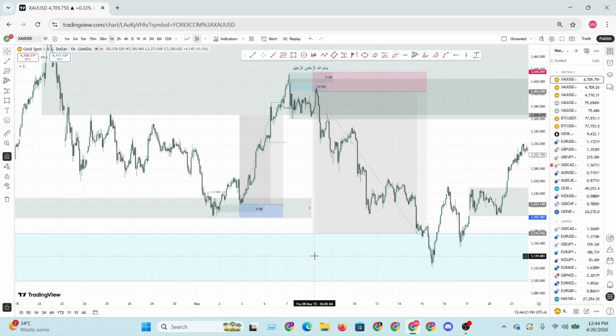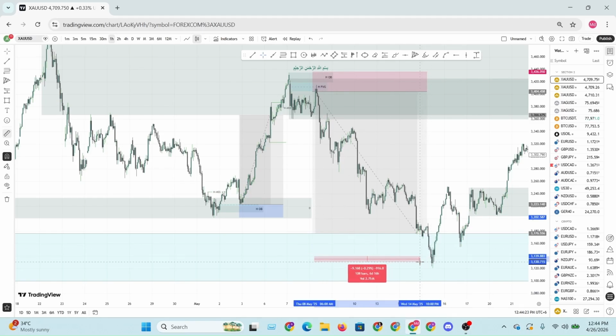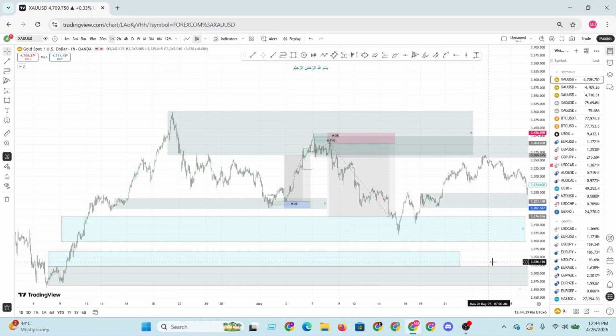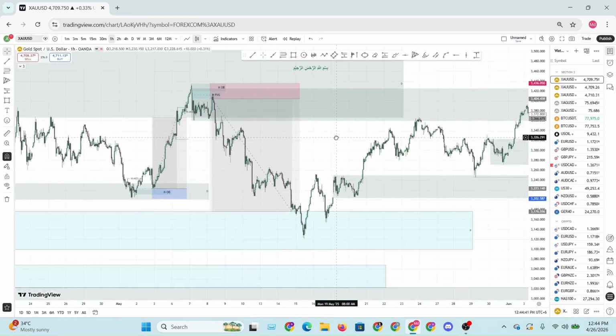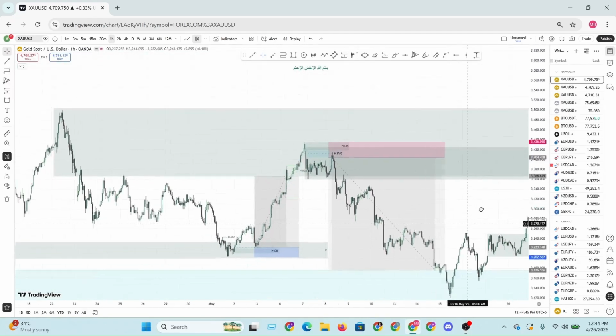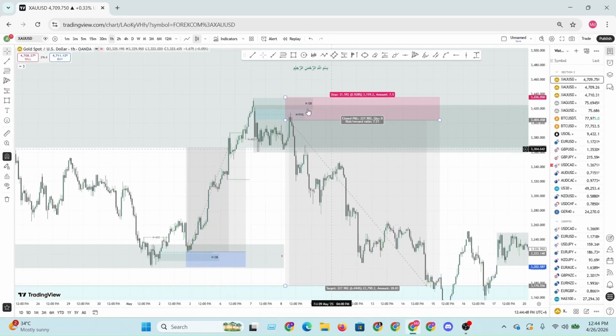If we see the time duration, you can see almost 6 days we are bearish. So this is how you can find the biases and the entries. In lower time frame, you can also take these entries.